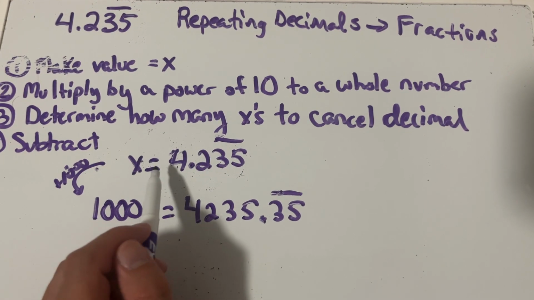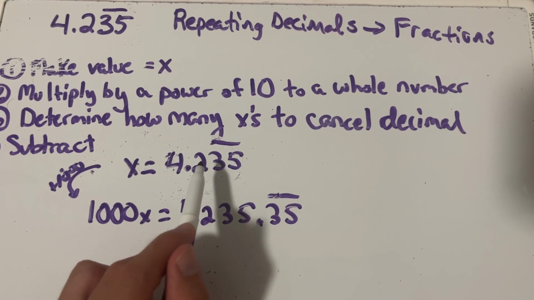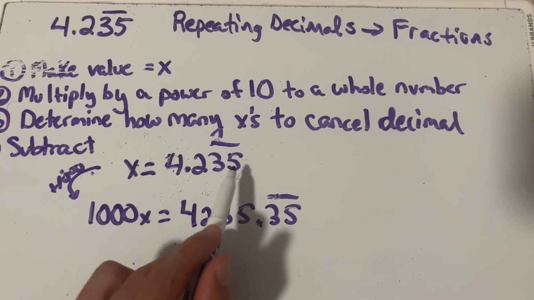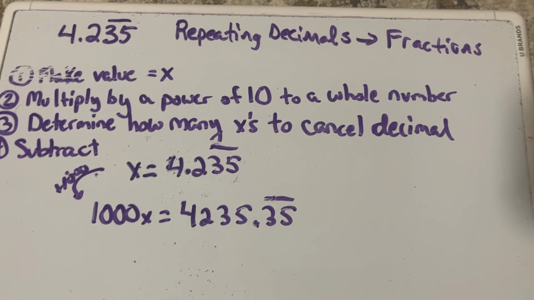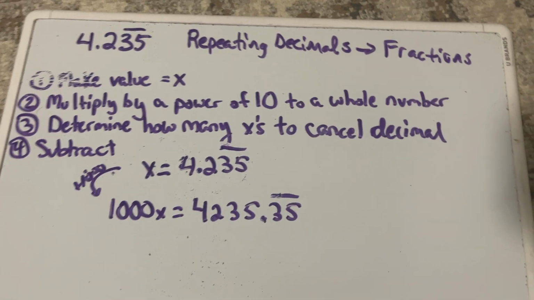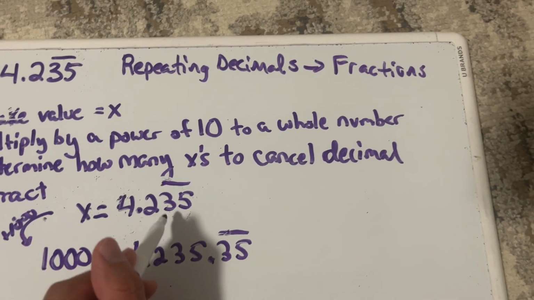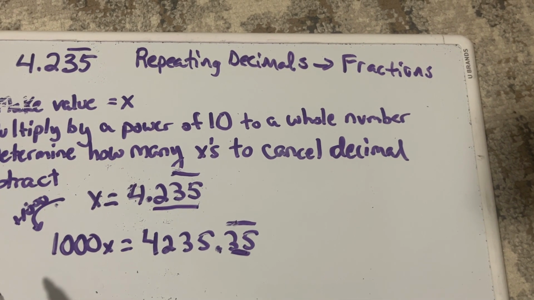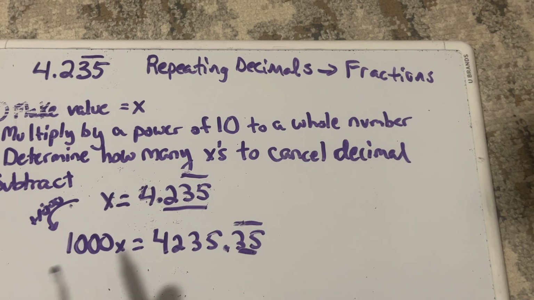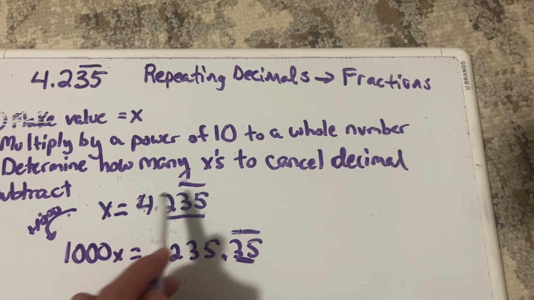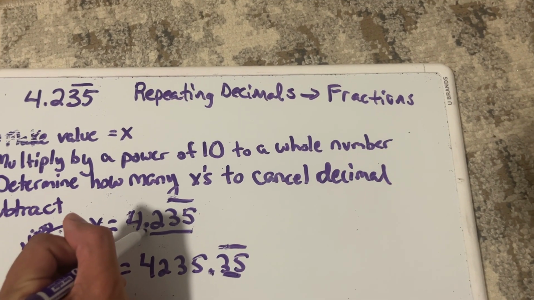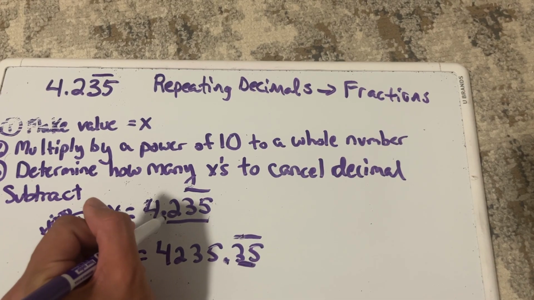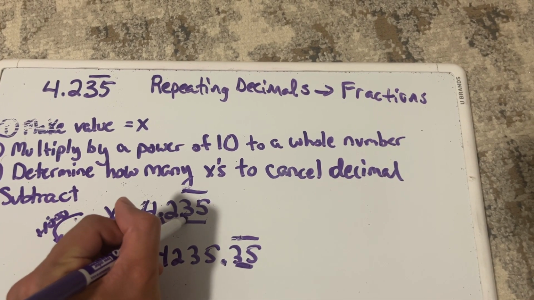The x that I have currently has 0.235 and the 35 is repeating. That is not going to work because this and this don't match up. But what I can do is multiply the x by a power of 10 to shift this decimal down one more spot so that I can get this decimal here.